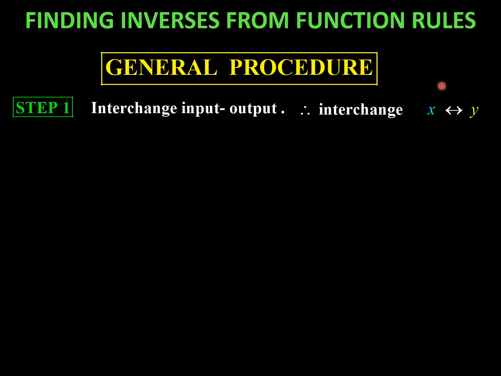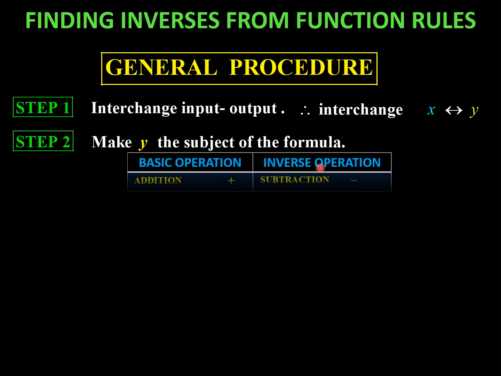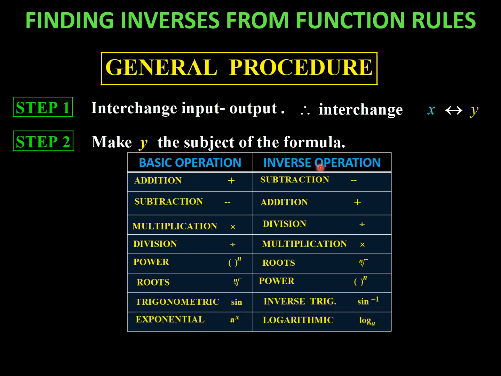To help here, I'm putting the x in blue and the y, the output values, in yellow. Then we're going to make the y the subject of the formula. And then once we have the subject of the formula, we'll be able to get it in the form of the inverse of f.